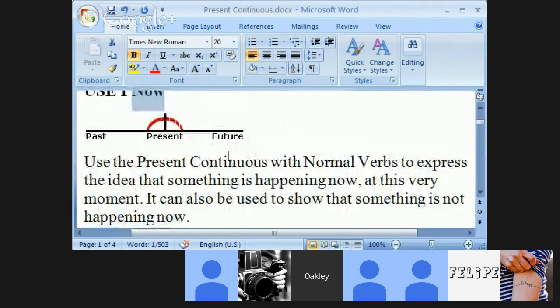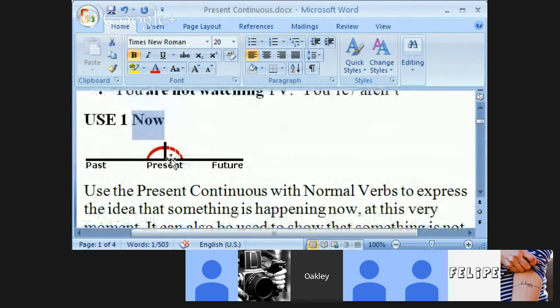One other thing related to this particular use of now. When we're describing a picture, a photograph, or even a painting, we describe it as if it was right now. That is a captured now.